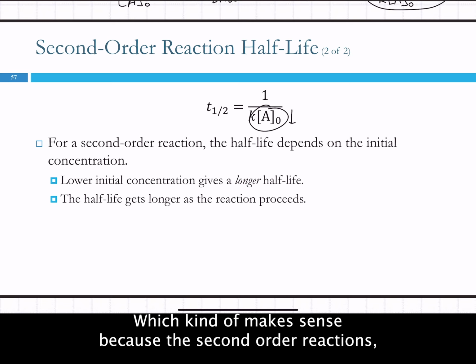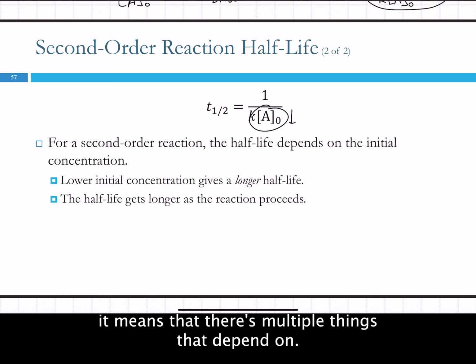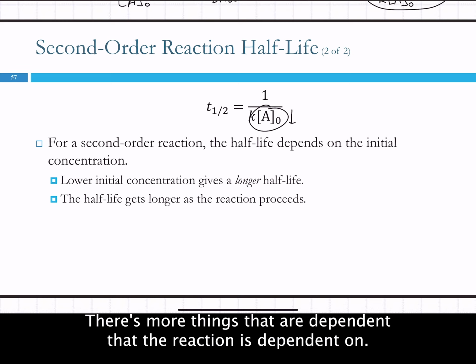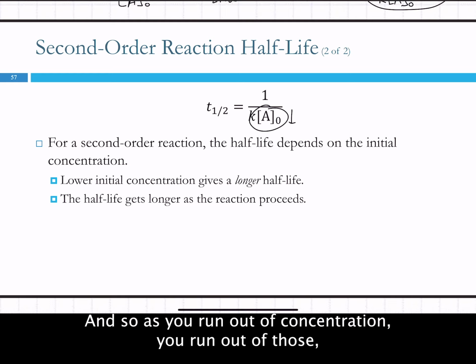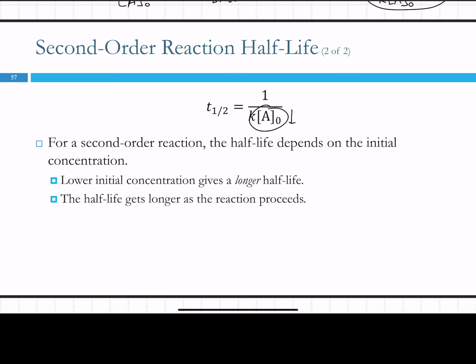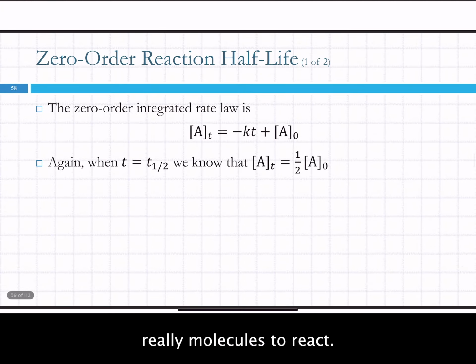Which kind of makes sense because in second-order reactions, there's more things that the reaction is dependent on. And so as you run out of concentration, you run out of those molecules to react.